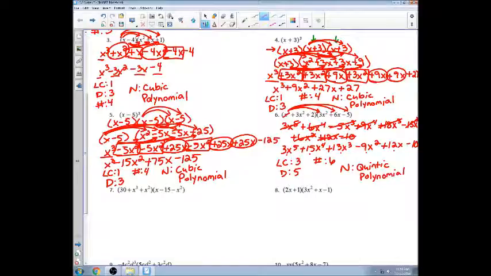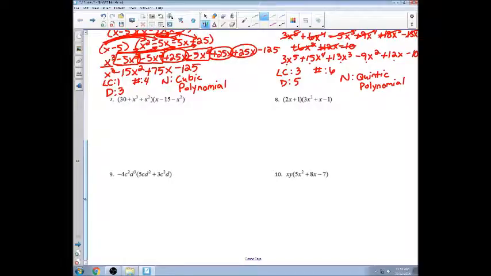All right. On to number 7. Again, we have 2 trinomials times each other. So we just need to multiply each term in the first set of parentheses by each term in the second set of parentheses. So I'm going to take 30 times x, which would get me 30x. I'm going to take 30 times negative 15, which would get me negative 450. I'm going to take 30 times negative x squared, which would be negative 30x squared.